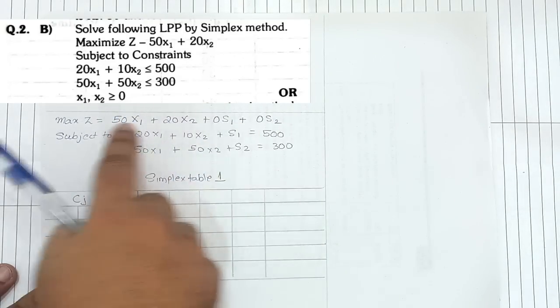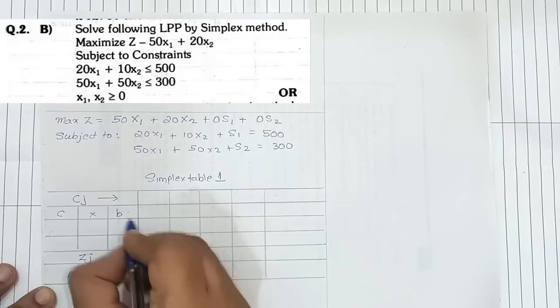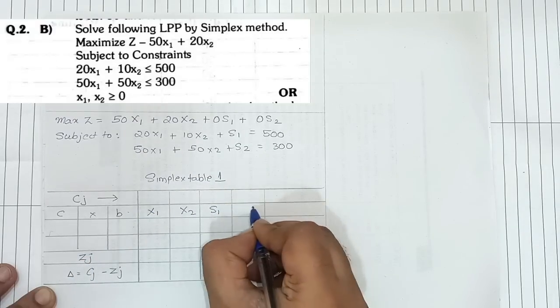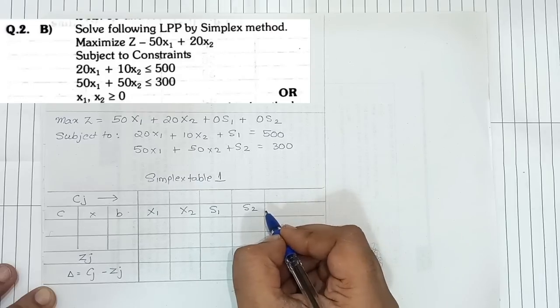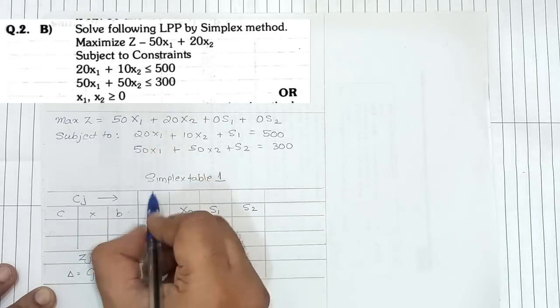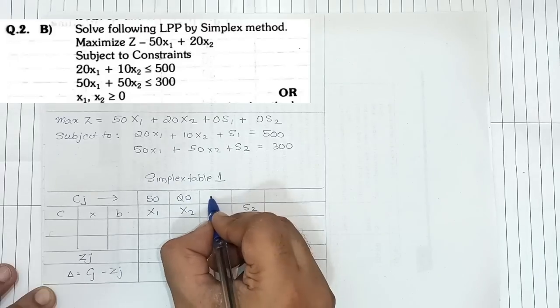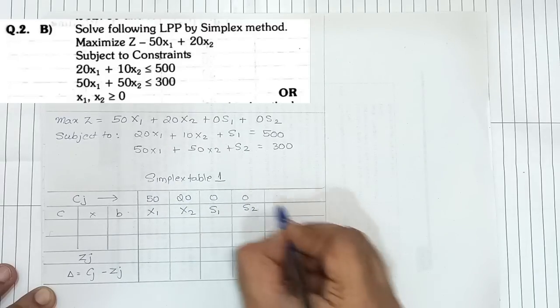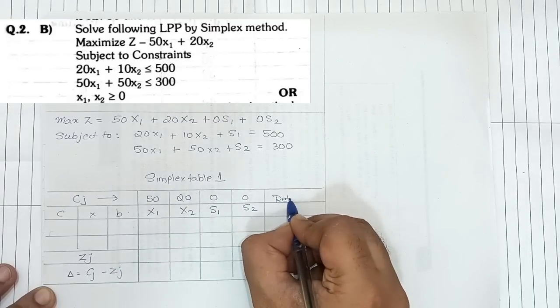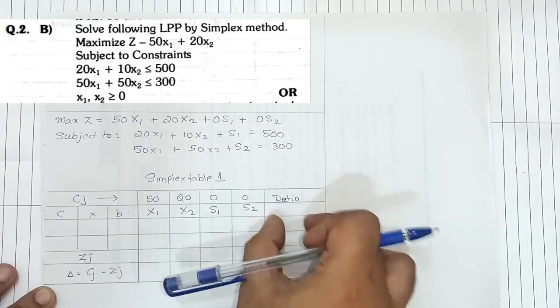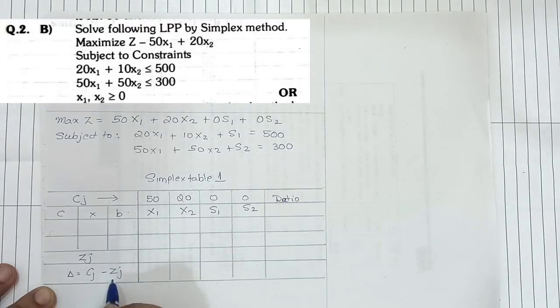So whatever values have been given in the objective function, we will note down. Here I'll put x1, x2, s1, s2. X1 was 50, x2 in the objective function is 20, and then we have 0 and 0. This last column is for the ratio, which will come out.